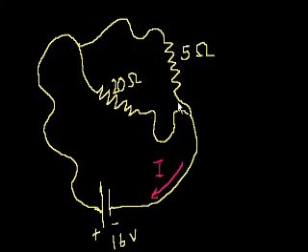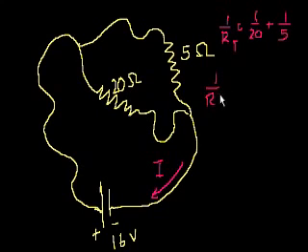So how do we figure out the equivalent resistance? Well, we just hopefully proved to you that 1 over the total resistance is equal to 1 over this resistor plus 1 over this resistor. So 1 over R is equal to, let's just make a fraction, 1 over 20 plus 1 over 5, which is 4 over 20, right?